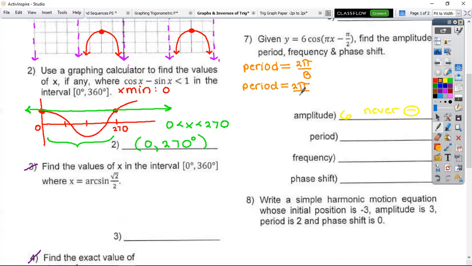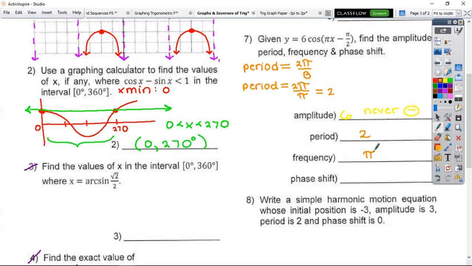Pi. Good. So the period is just equal to 2. And in the context of a word problem, that just might mean like 2 seconds or 2 minutes. Frequency, we just talked about it, was pi. So that's a coefficient in front of the x.